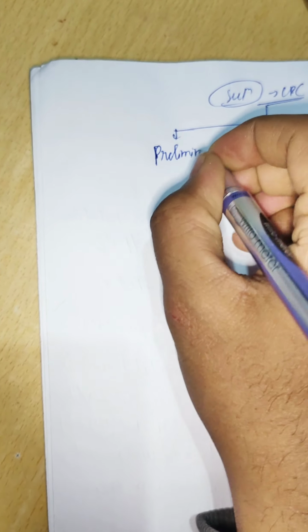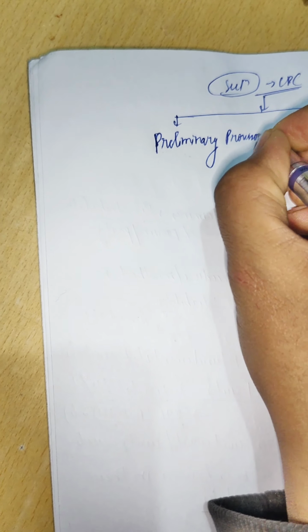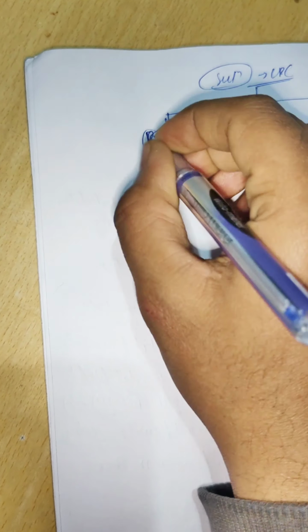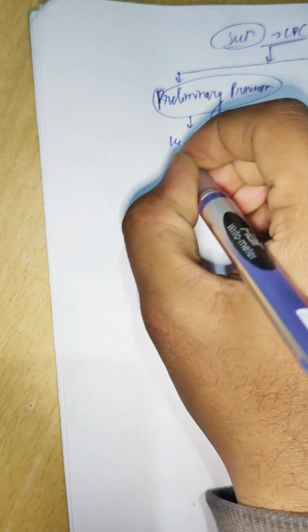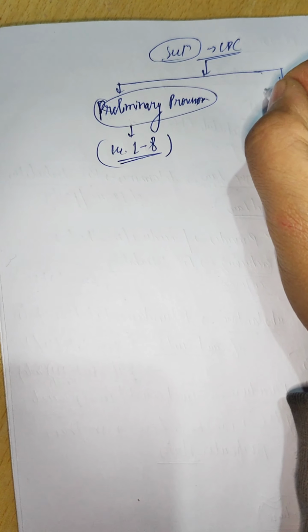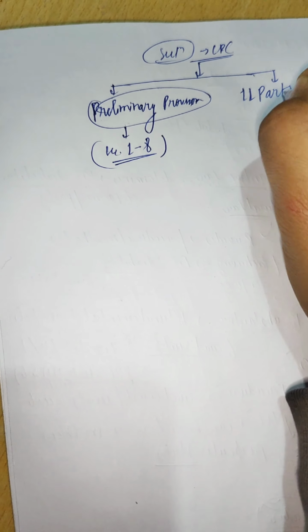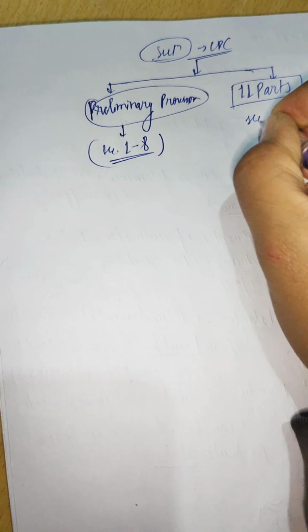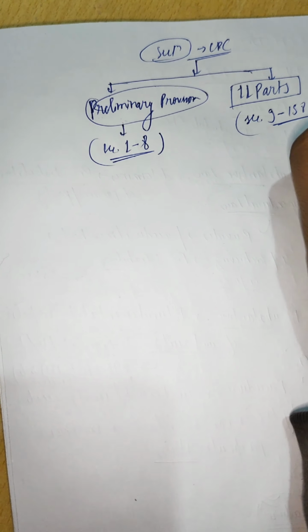First is the preliminary provisions, which run from section 1 to 8, and the other provisions, which are divided into 11 parts, which run from section 9 to 158.